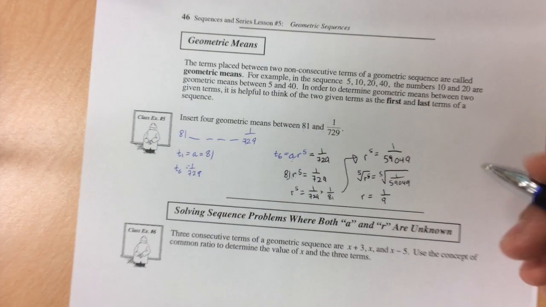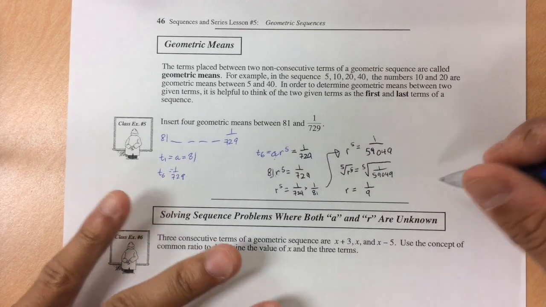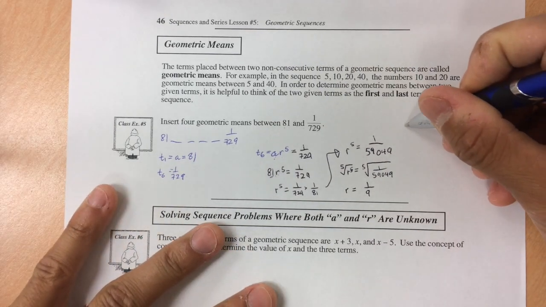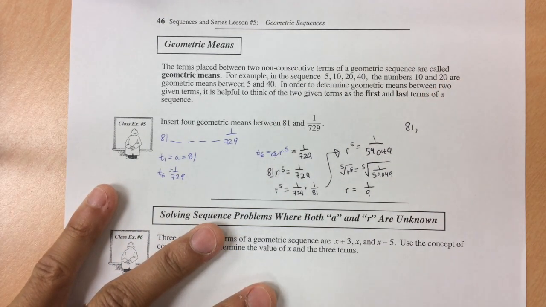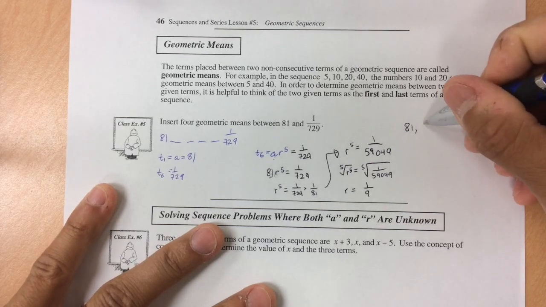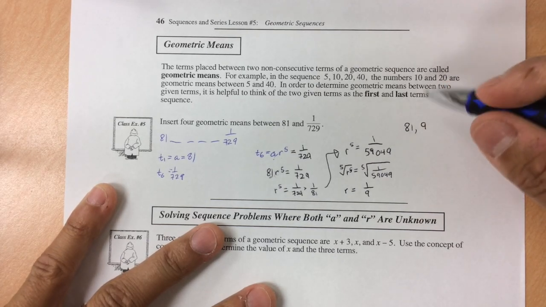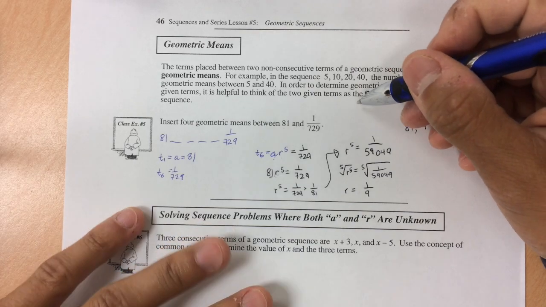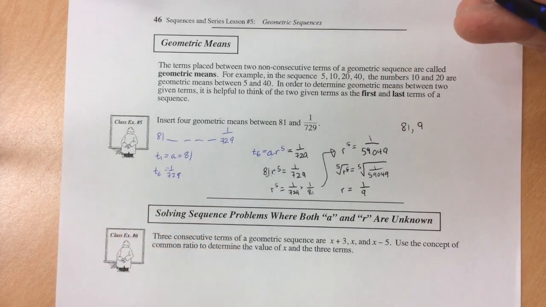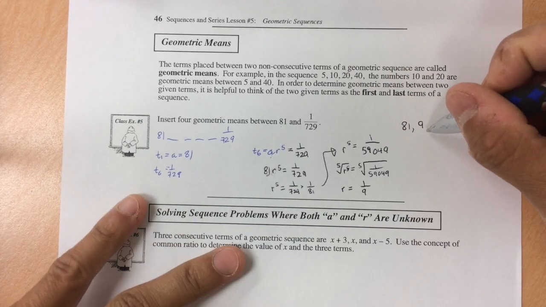Now that I know my common ratio, I can find out what each of these terms are. All I need to do is multiply 81 by 1/9. So 81 times 1/9 is just going to be 9, right? Because what I'm doing is dividing by 9, we get 9.